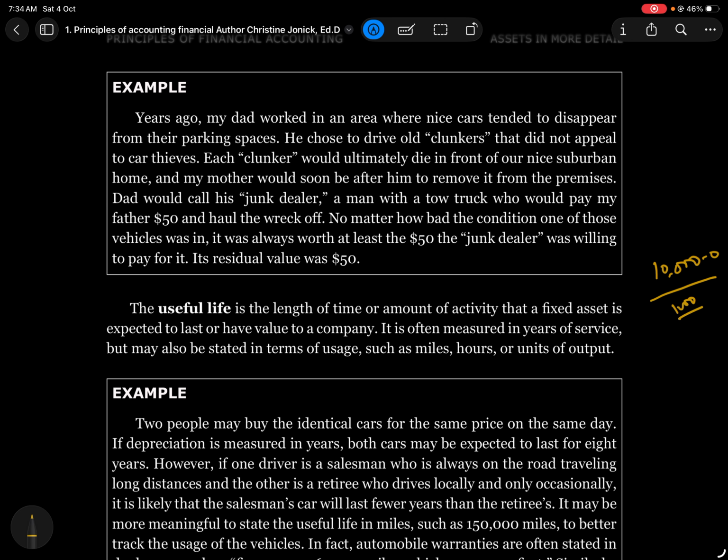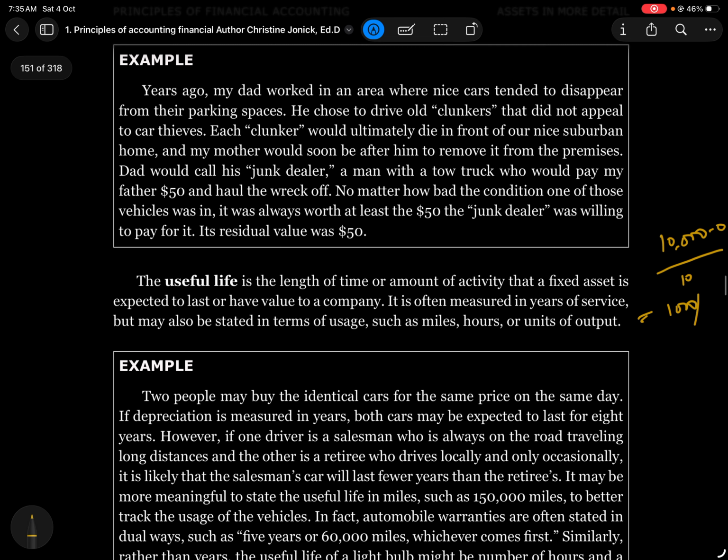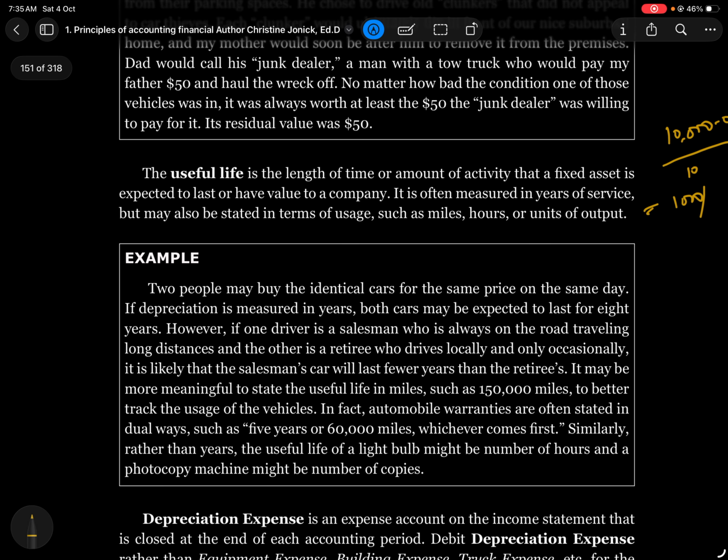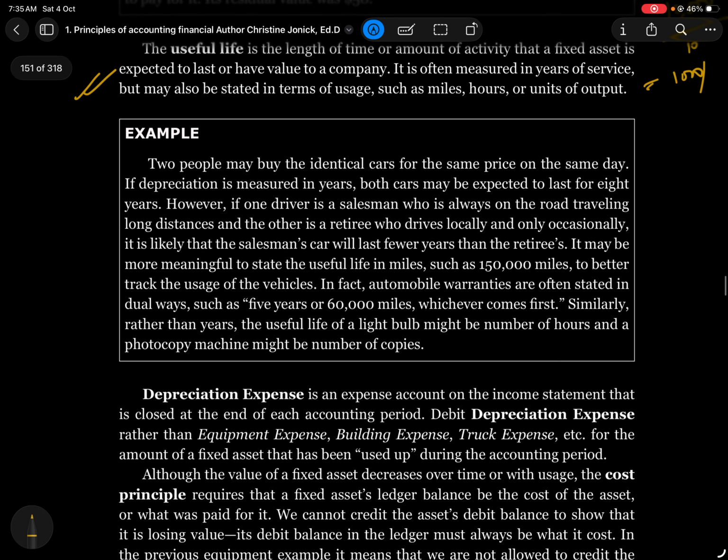So we will write 1000 in this scenario. It could be per output, per hour, it could be number of years, right? So suppose it is for number of years, we will simply do 10. So if it can be used for 10 years, it will be 1000 per year depreciation. Similarly we can do different hours, units and everything to expense out.